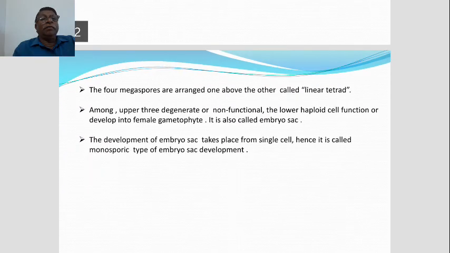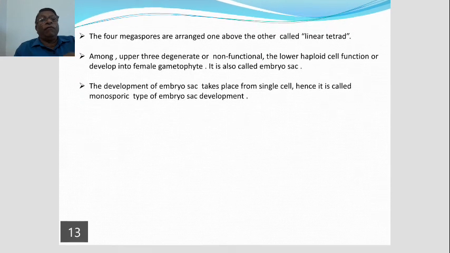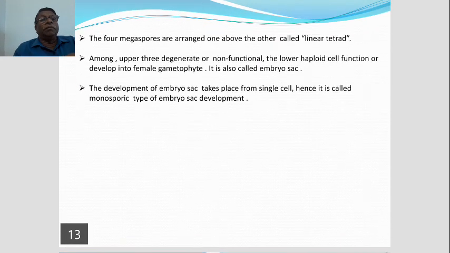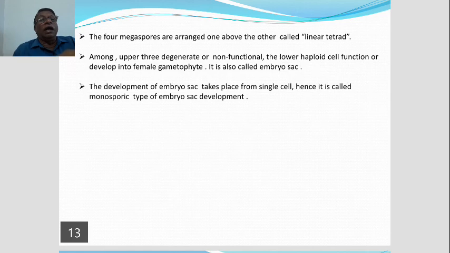Okay. The 4 megaspores are arranged in such a way, one above the other, we call linear tetrad. You just refer the diagram.